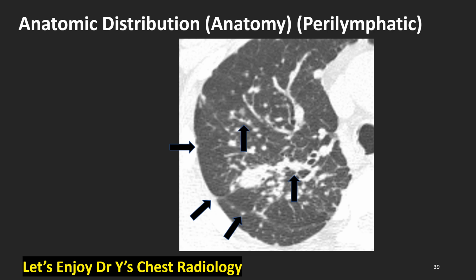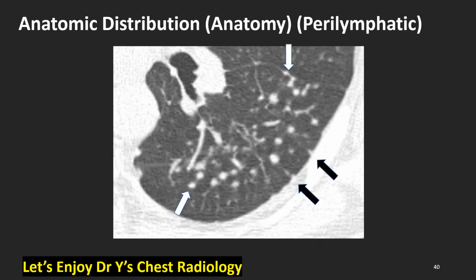The arrows indicate micronodules of perilymphatic distribution. This patient has coal workers' pneumoconiosis. Arrows indicate the perilymphatic distribution of micronodules. This is another patient with pneumoconiosis.